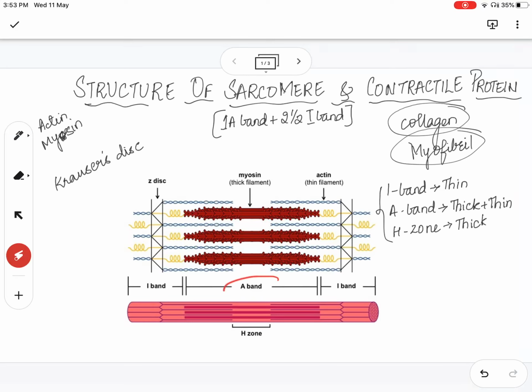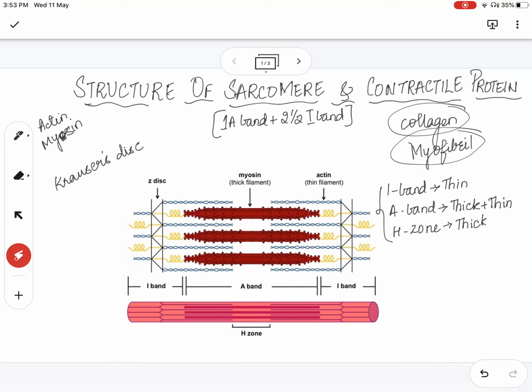One is the A band over here, and two half I bands to be present. So this on the whole forms the sarcomere structure. I hope I've made it clear what exactly a sarcomere is, and what questions related to this are going to come. Here you can also remember it as Crosser's disc or Crosser's membrane. Anything is fine, so you need not worry.